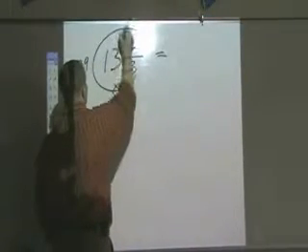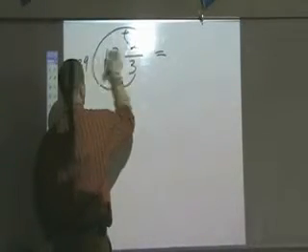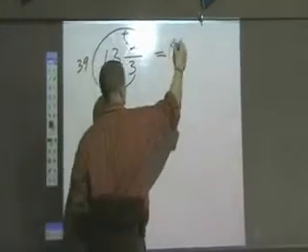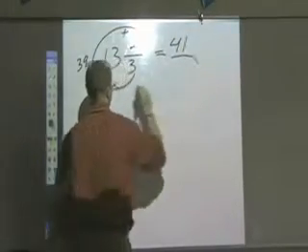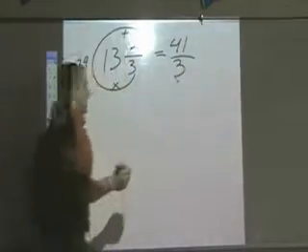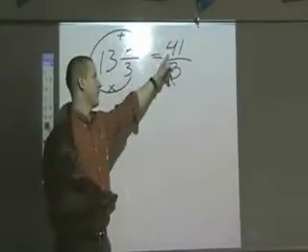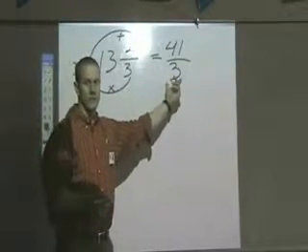I multiply. Now I take 39 and add it to my numerator. 39 plus 2 is 41. Your denominator is going to stay the same. So, 13 and 2/3 equals 41 over 3.